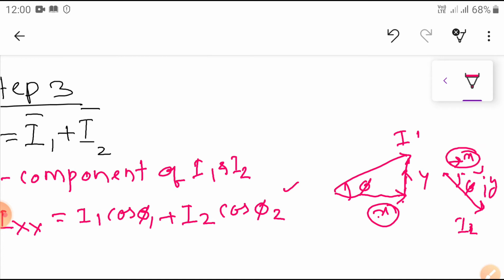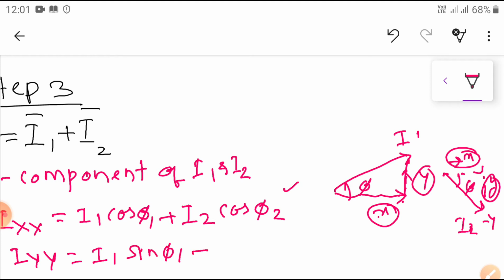Now similarly Iyy is equal to the y component. I want to write this component and this component. Here the positive y, and this is a negative y, you can remember it. So I1 sin phi 1 minus, because it is minus y, I2 sin phi 2.